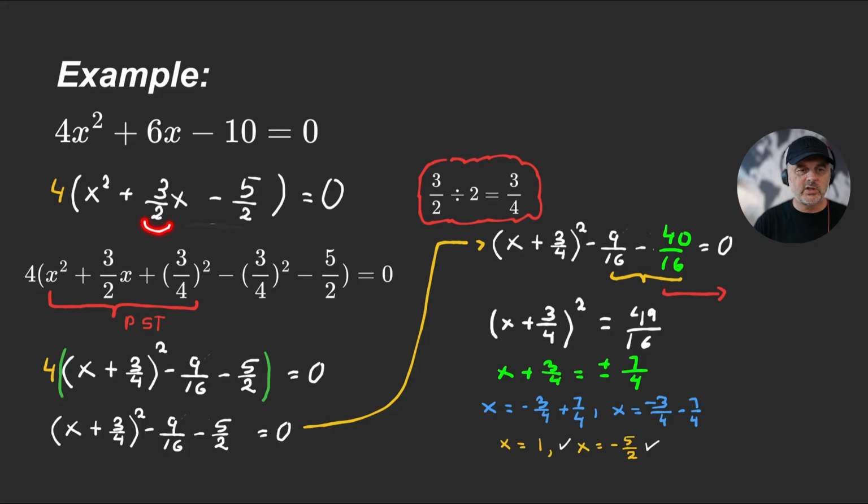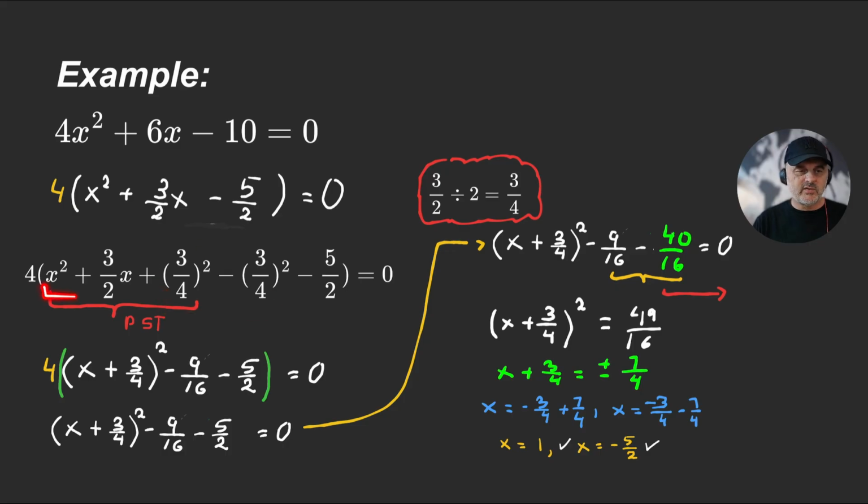So the middle term is always divided by 2 right here, and then you insert 0. In algebra, 0 means insert one quantity and subtract it at the same time. So this is showing right here. So 3 over 2 divided by 2 is 3 over 4, and then you raise it to the power of 2 and you insert 0.